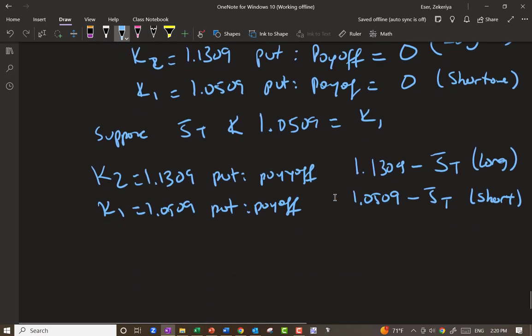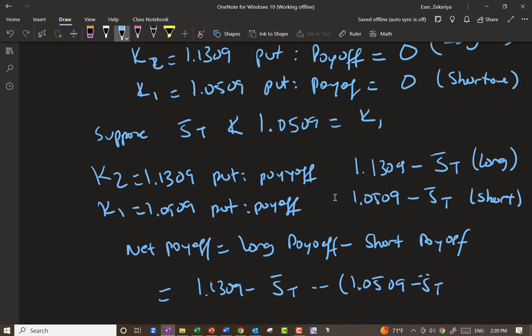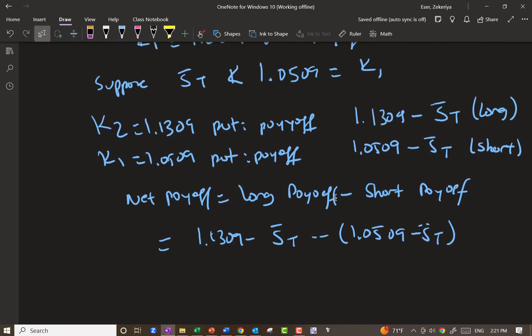So the net payoff is the long payoff minus short payoff. Obviously, these cancel each other out.